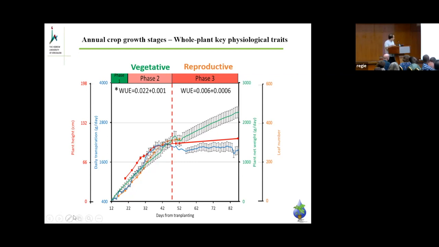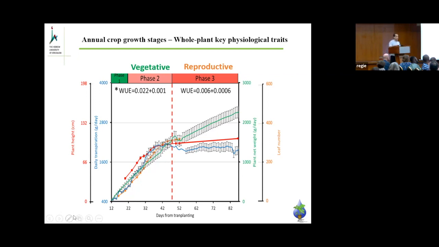But when the plants start to flower, the transpiration becomes steady, because new leaves almost do not develop, or there is a balance between the non-functioning leaves and the new leaves. And if you calculate the water use efficiency from the growth rate versus the water transpiration, I mean the green line, the biomass gain, and the blue line, the water loss, this is the water use efficiency you get in the vegetative phase. And it's getting much worse under reproductive.